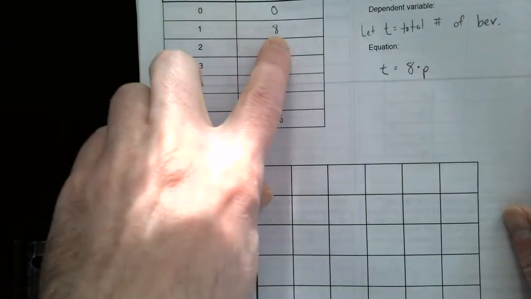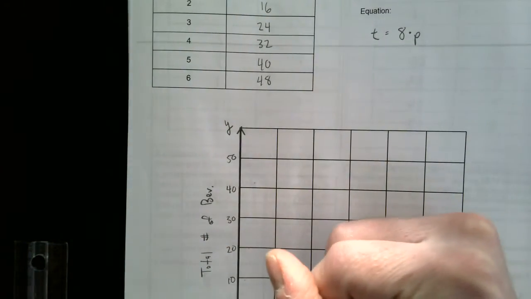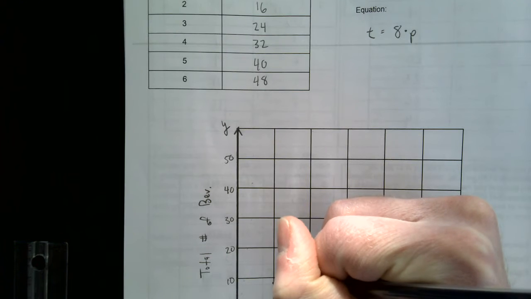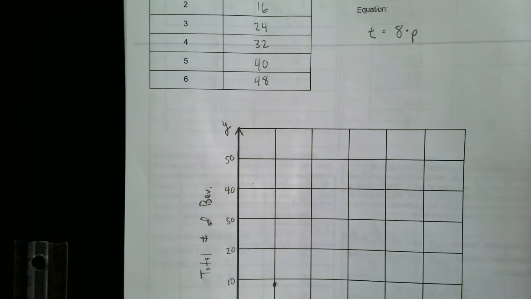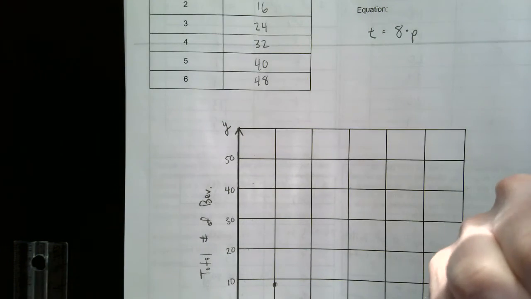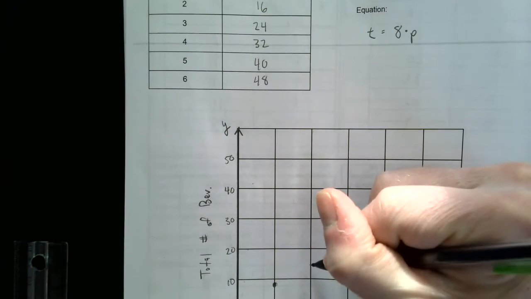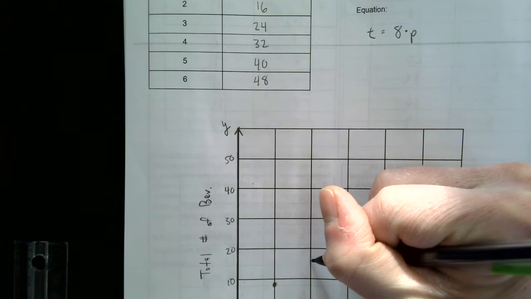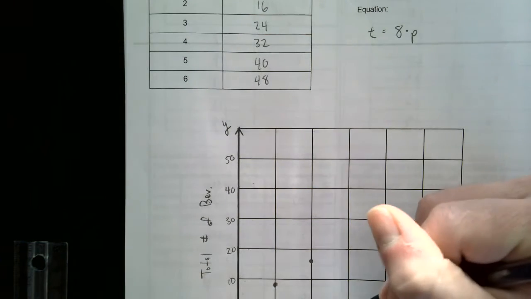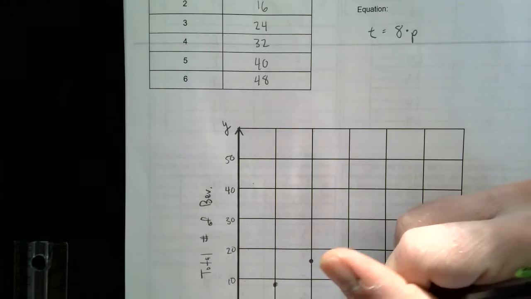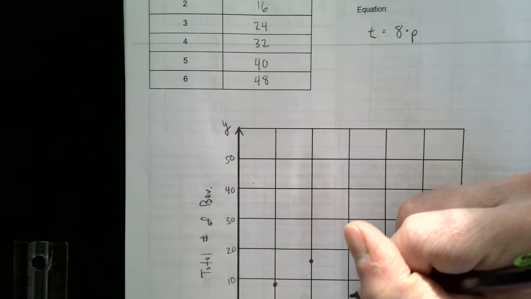1 package, 8 beverages, so 1 package is going to be 8. That's going to be a little bit below 10, like right there. 2 packages, it looks like it's 16. Well, there's 15 right in the middle, so 16 is just going to be a little bit above. Again, this is going to make a straight line at the end, so be careful where you put your points. 3 is going to be 24.